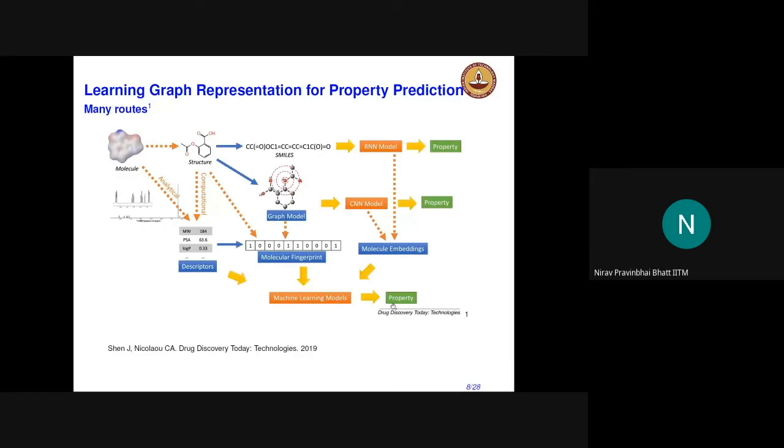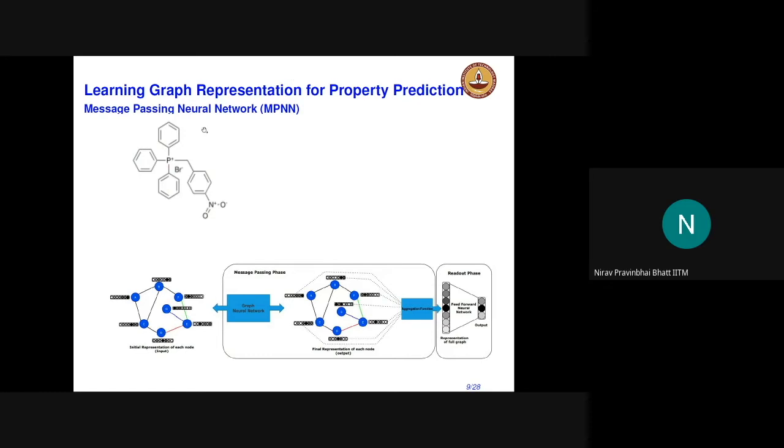Of course, I have a data set which has a molecule as well as its property together, which is labeled data. And around 2015 or 16, there was a publication which showed that all these algorithms can be seen as something called message passing neural networks.